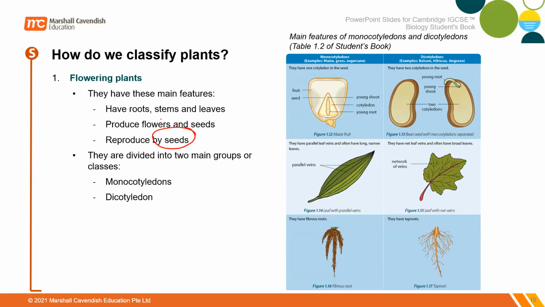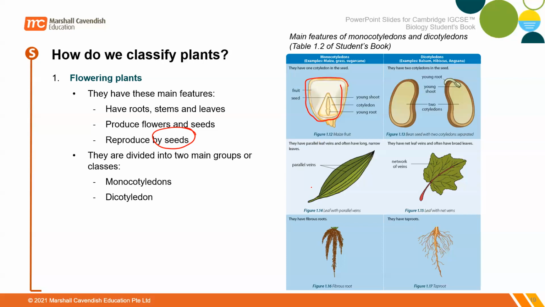Monocot plants have one cotyledon in the seed, like one coat. Maize, rice, and sugarcane, for example, are all examples of monocot plants.